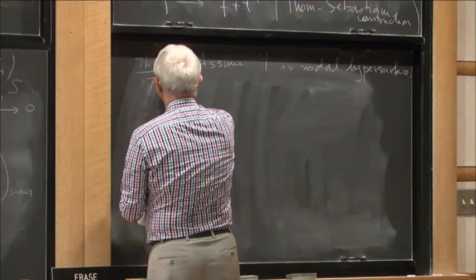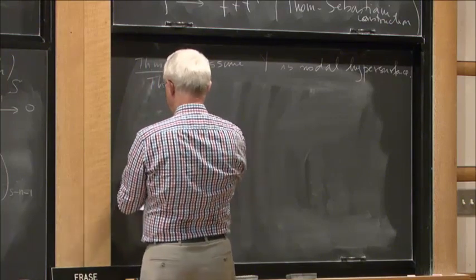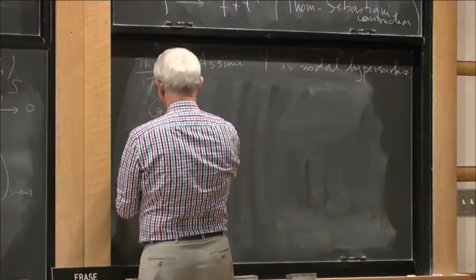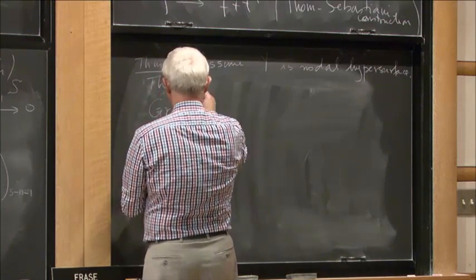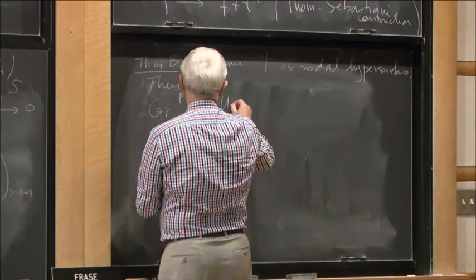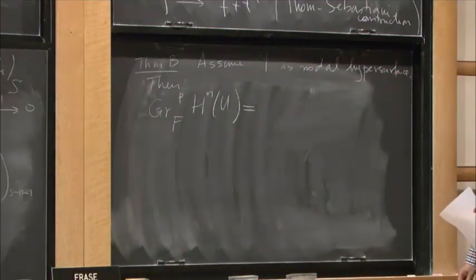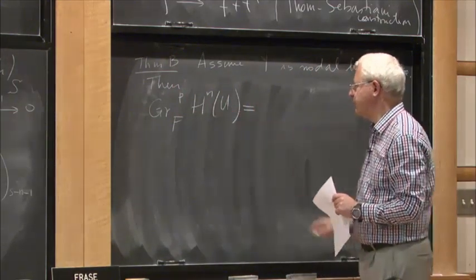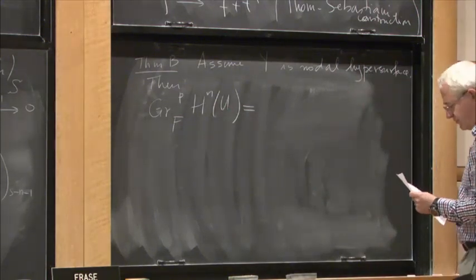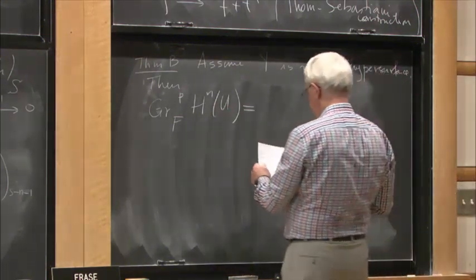Then one has the following. The graded piece of the top cohomology of the complement with respect to the Hodge filtration is given as follows.